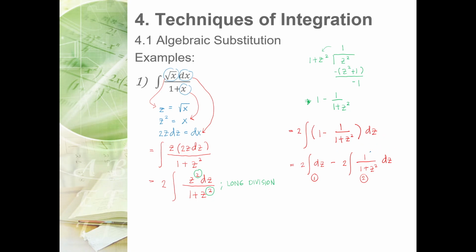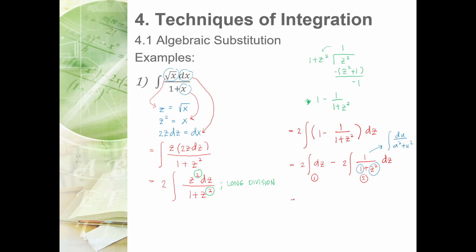Try to recall this format, which is du all over a squared plus u squared, right? It gives the arctangent function, or the inverse arctangent.